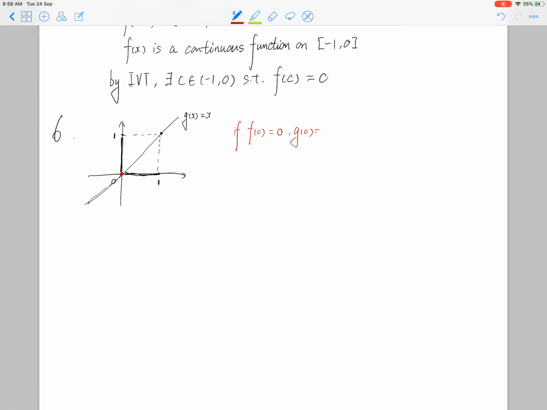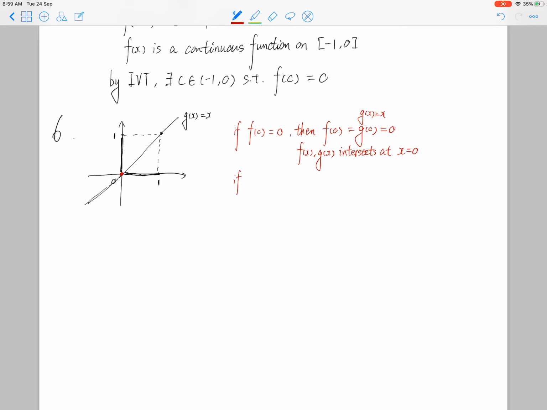g(0) is also 0. If f(0) is 0, then f(0) equals g(0) equals 0, because g(x) is just x, so g(0) is just 0. So f(x) and g(x) intersect at the point 0.